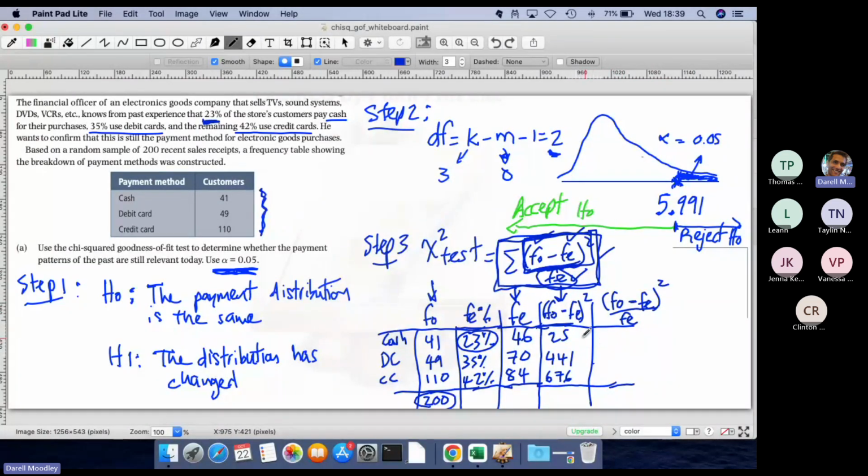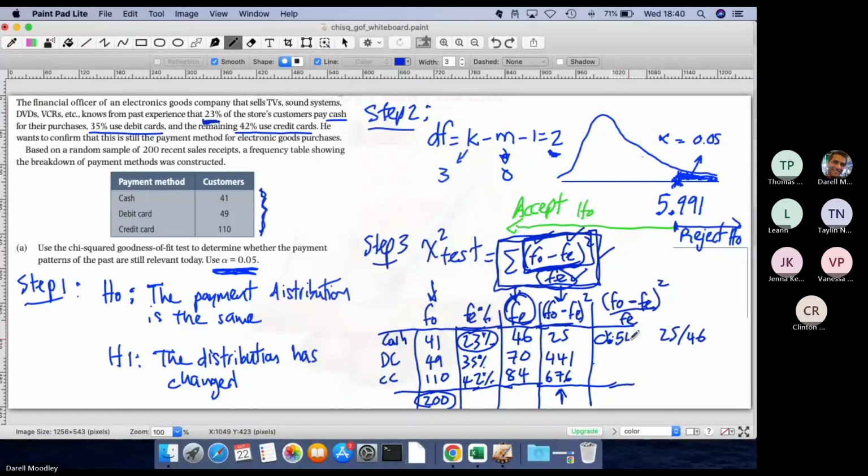And all you have to do here is simply just take the values you have in this column and divide by this column, FE. So this first value here, simply just 25 divided by 46. All right, so if you do that, you get 0.543.